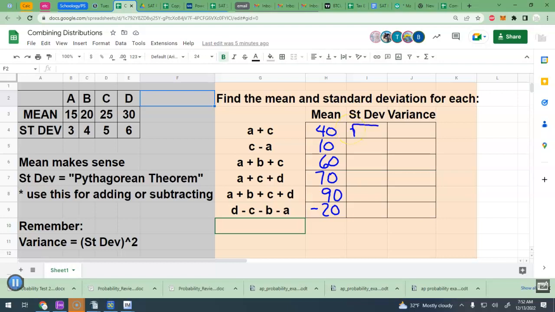Is this 850? Is it not 850? Okay. Yeah. Dang it.